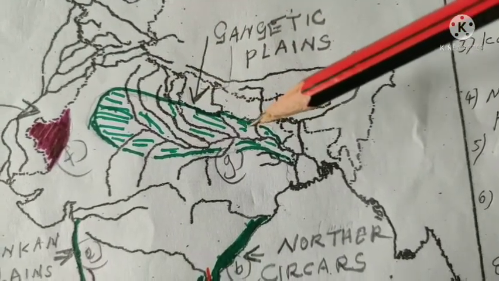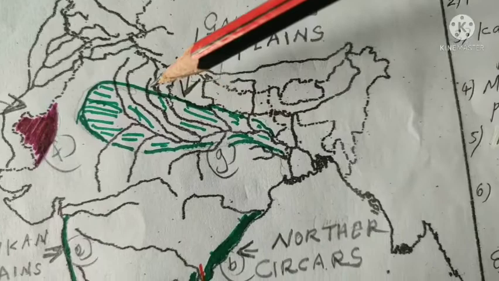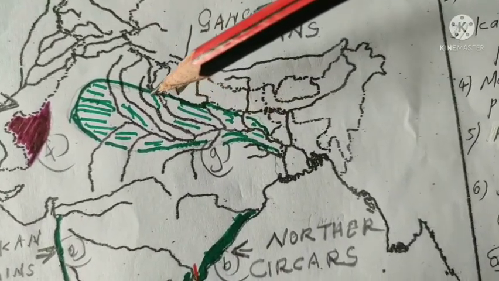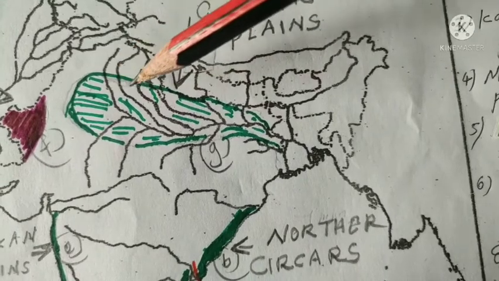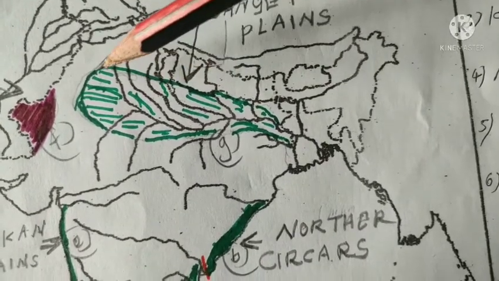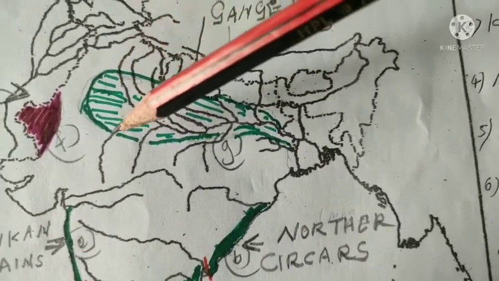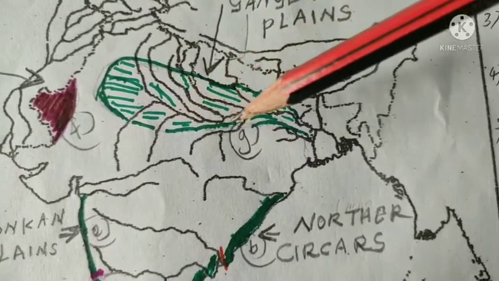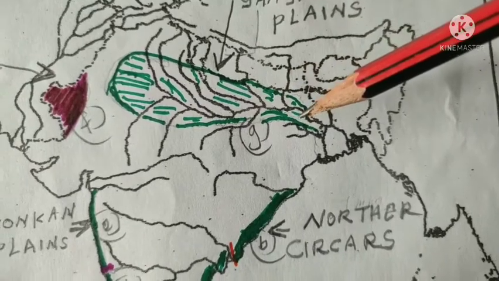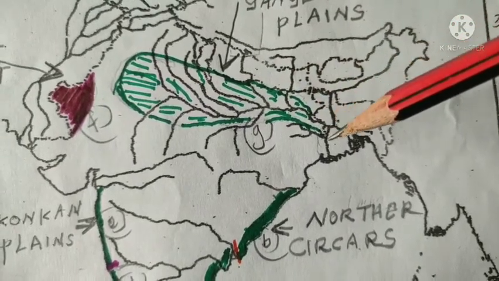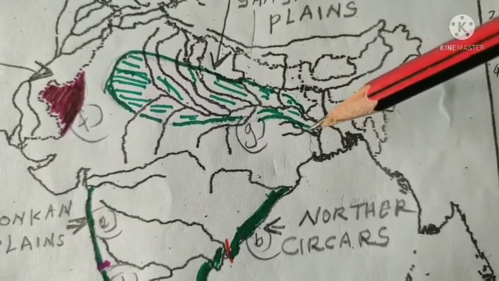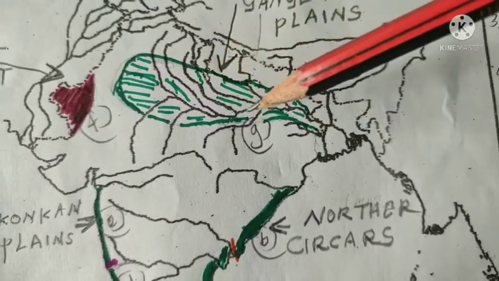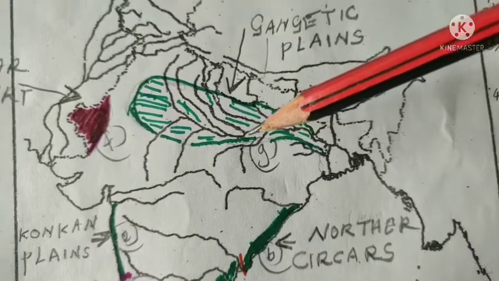Just below the Nepal border you have to make a line from here to here, along the northern rivers, covering the rivers Chambal, Betwa, and so on, and above the river Damodar up to here. Without going to Bangladesh, it ends here. And you can also use the green pencil for this purpose.